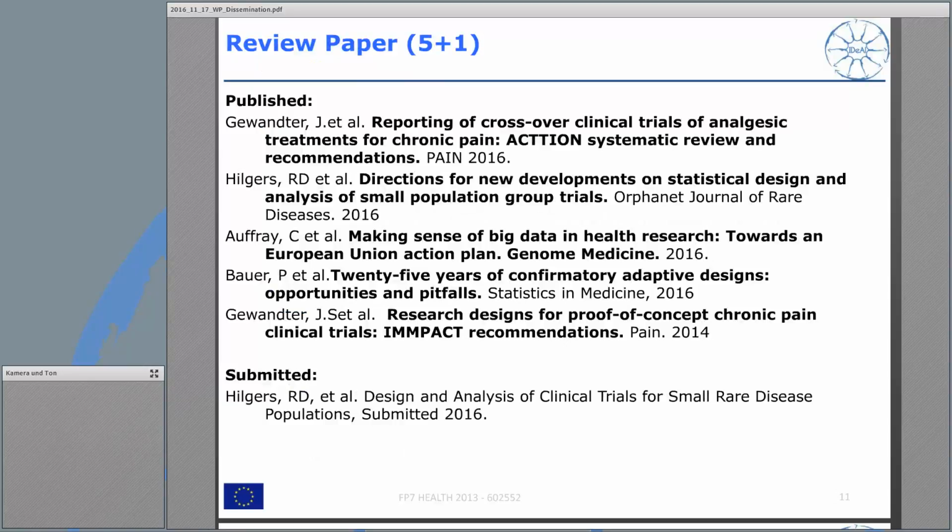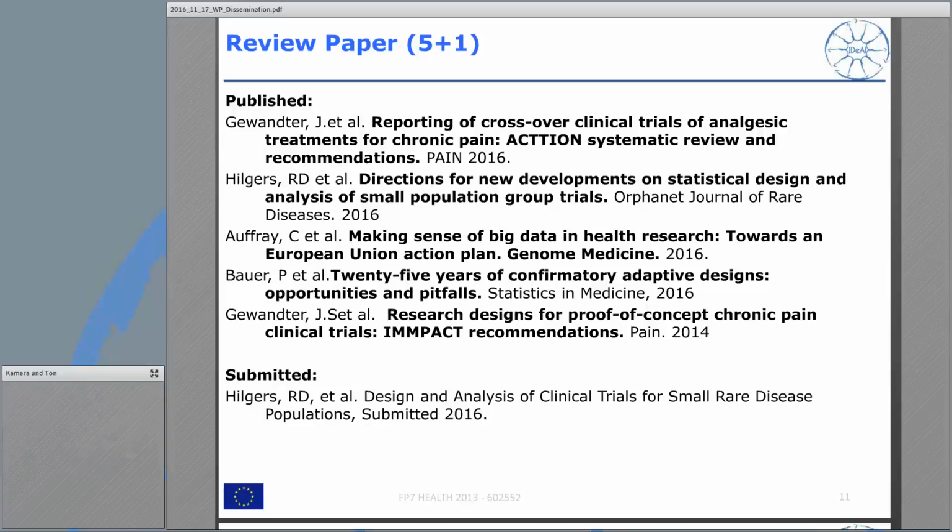As far as more general and review papers are concerned, so far we have 5 review papers published. For example, the paper by Hilgers et al., so the second one on the list, is a joint work of the 3 project leaders of IDLE, Asterix, and Inspire, where the coordinators outlined the plans for each project, and this is also the basis for the joint EMA meeting to present the results next year.